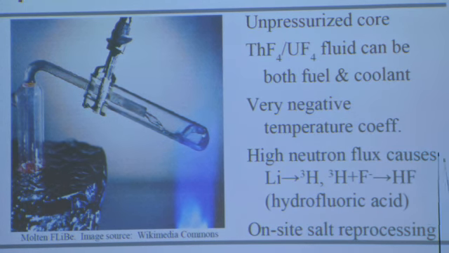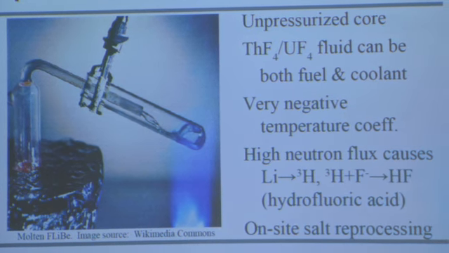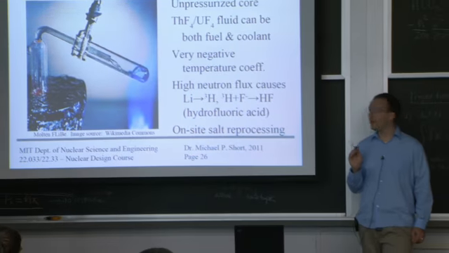Again, with the molten salt reactor, just like the lead bismuth, the lead and the sodium reactors, you don't need to pressurize the core because it stays a single-phase liquid coolant. You can put thorium and uranium salts to be used as the fuel and the coolant. It has a very negative temperature coefficient, which is good for safety. But remember when I was saying that molten salts can be directly corrosive and corrosive in an insidious way?